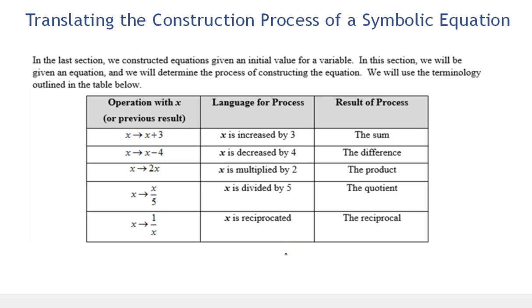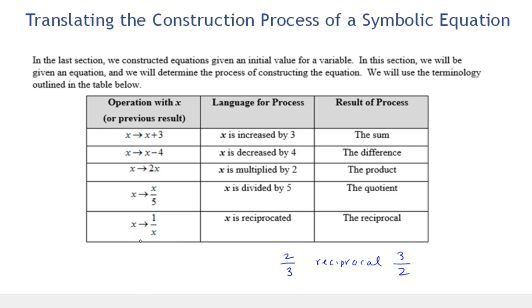Remember from fractions, if you had 2/3, we called the reciprocal when you rewrite the fraction 2/3, reversing the numerator and the denominator. Okay, so this is a process we may need to do in our algebraic equations.